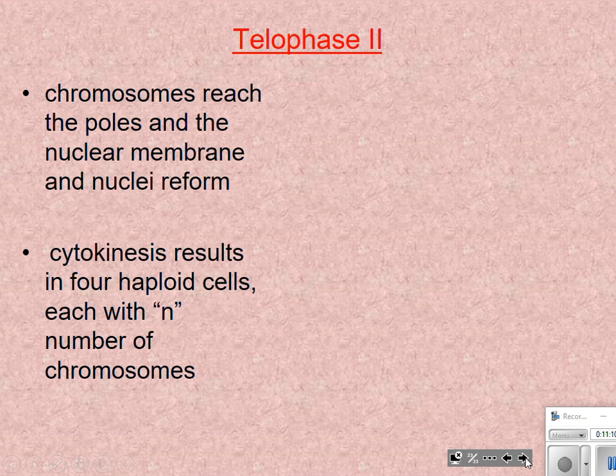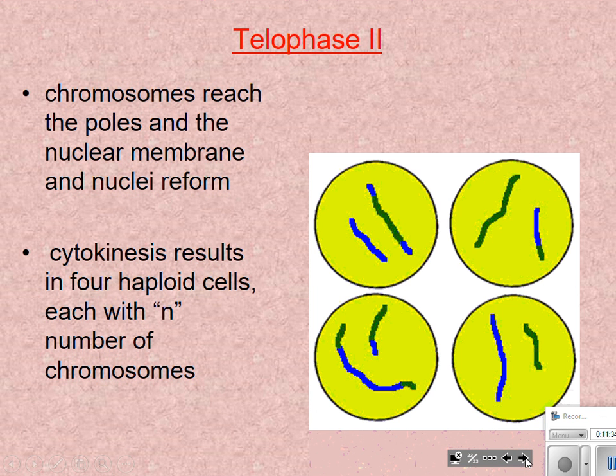Remember, D diploid double, H haploid half. So the haploid number for human beings would be 23. So how many haploid cells are formed? 1, 2, 3, 4 haploid cells.